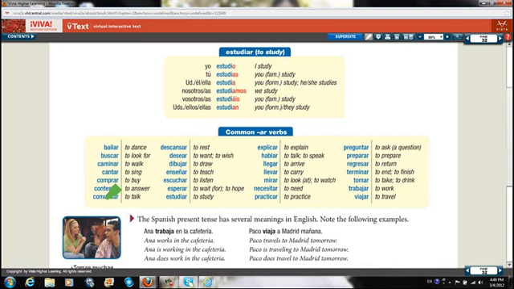Next verb, comprar. Ooh, we have two R's right together. Comprar. And remember, I know there are a few of you who are still challenged by the rolling R. So if you say comprar, no problema. No problem. So let's say I am buying a backpack.